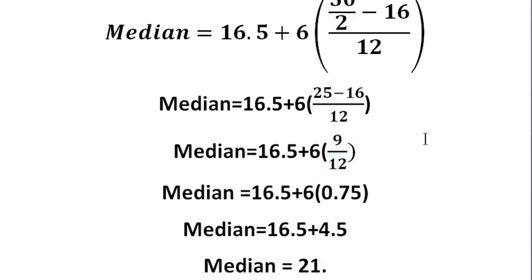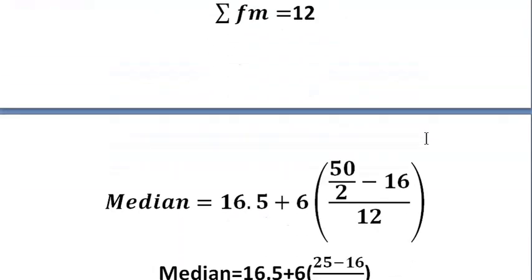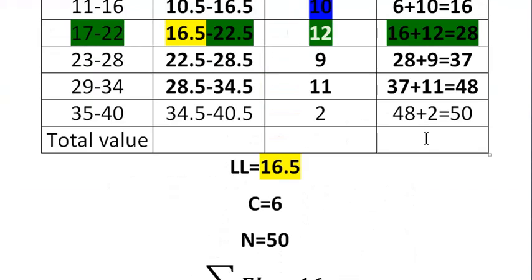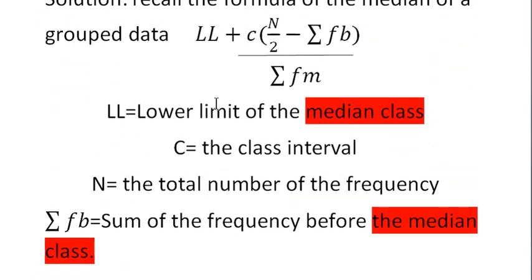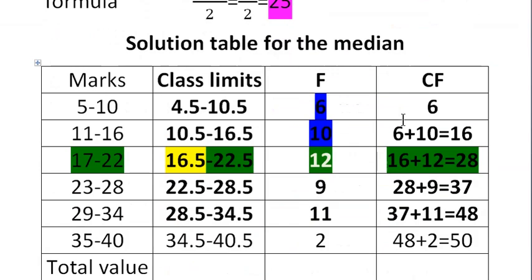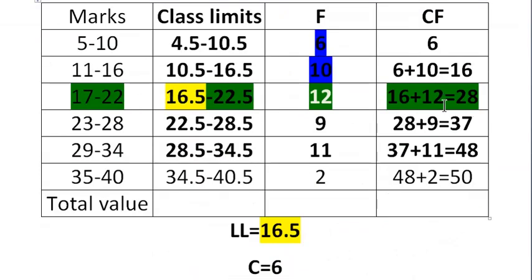This is our median. So try to check what we did again. The main thing is to calculate these quantities. As soon as you get the quantities, the math is solved. The lower limit of the median class is the yellow number beside the green line.